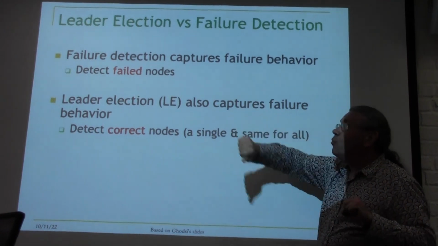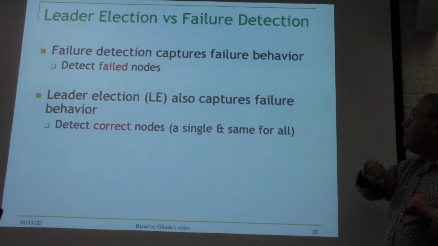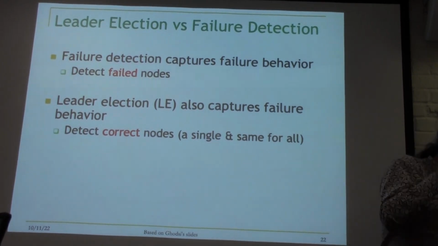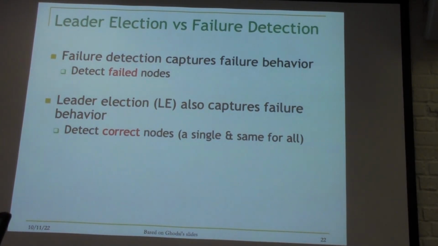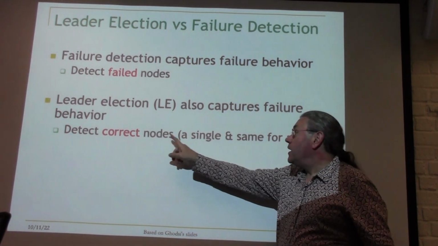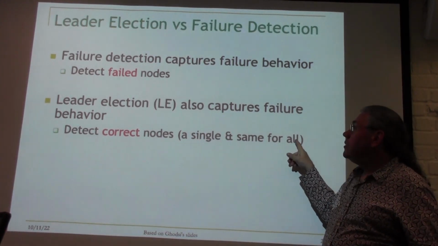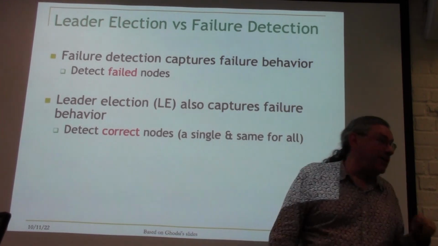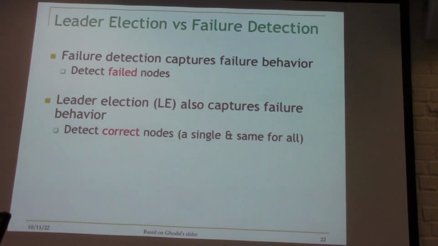Failure detection will detect failed nodes, but leader election will somehow do something similar. All the nodes will kind of elect a leader, a single node. All the nodes will agree this guy is our leader, okay? And it has to be a correct leader. And it's the same one for everyone. So in some vague sense, it's kind of like failure detection, in a weird way.